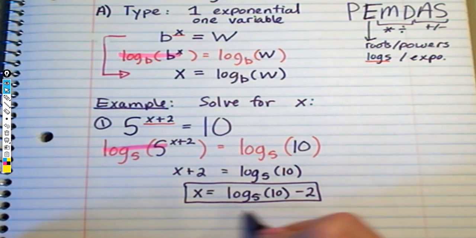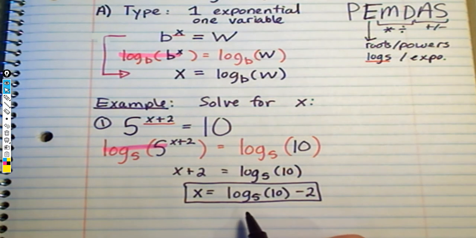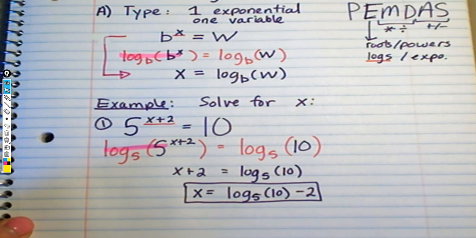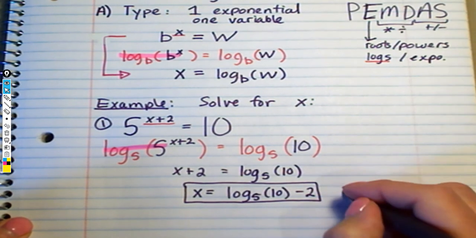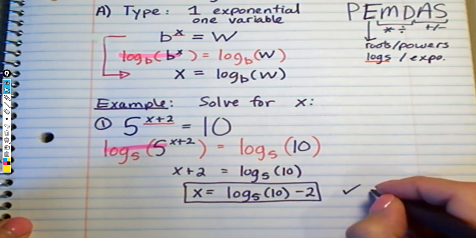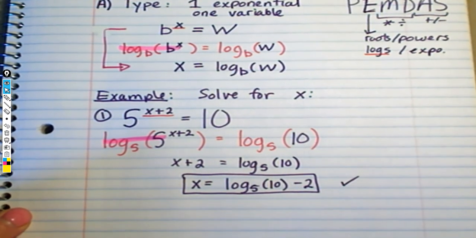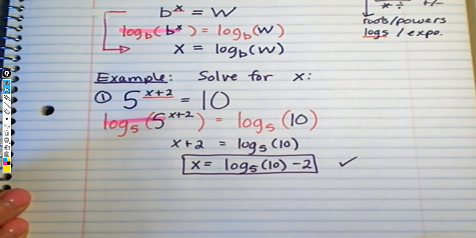Now, I don't know what log base 5 of 10 is equal to, except that it's between 1 and 2, and it's probably closer to 1 because 10 is closer to 5 than 25. But that is the answer. That's it. Check. You could get an approximate by using your calculator or Desmos.